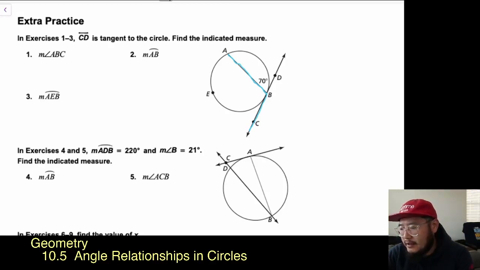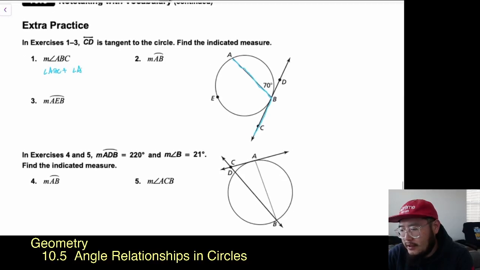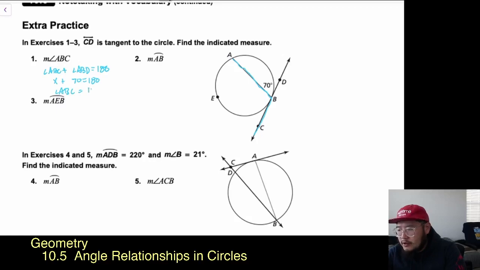So if I take the angle ABC plus angle ABD, that's equal to 180. So ABC, we'll put x plus 70 is equal to 180. This angle ABC is equal to 110 degrees. So I'll go ahead and fill in 110 right over here.